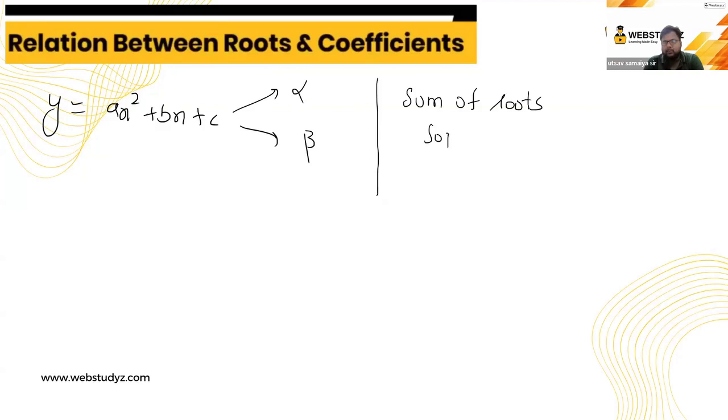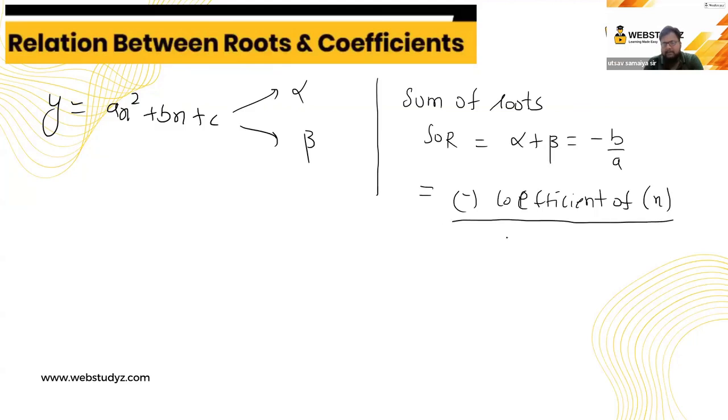We call it SOR, or alpha plus beta is minus b by a. That means minus coefficient of x divided by coefficient of x squared. So this is called sum of roots.